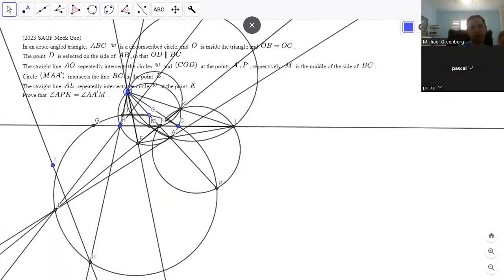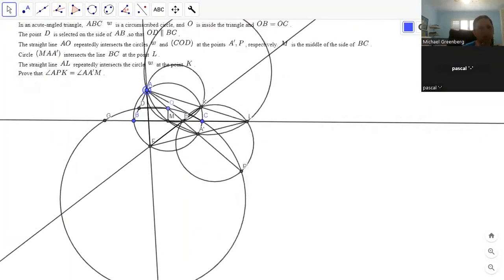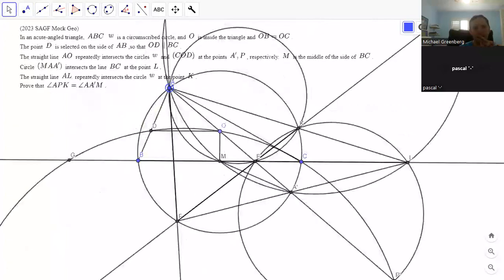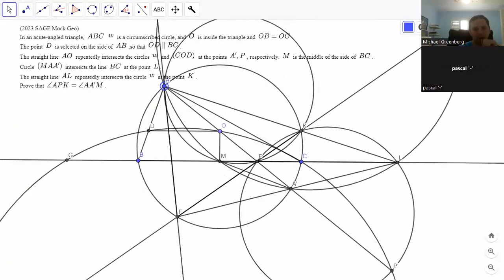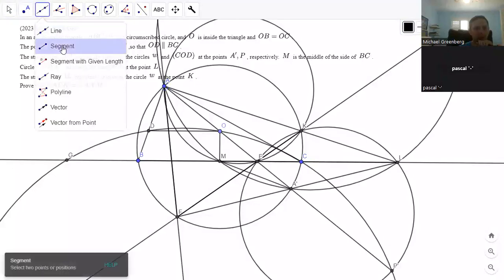See what time it is. We have like 6 more minutes. We want to show DOBG is a parallelogram, right?